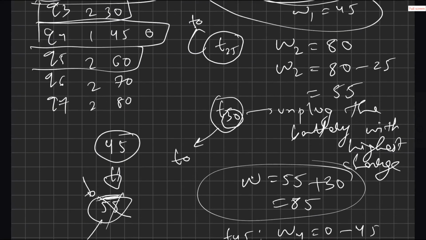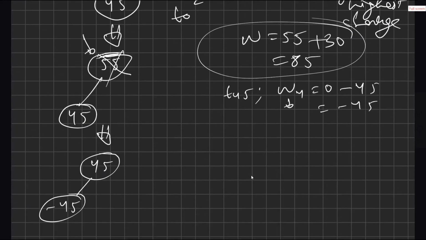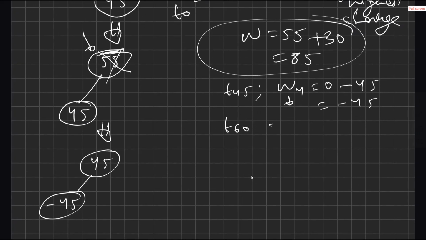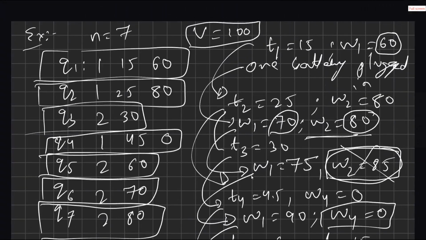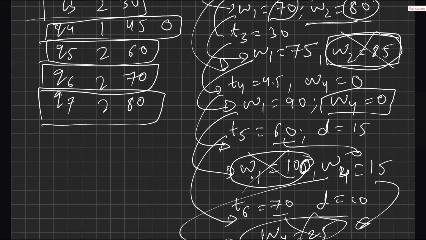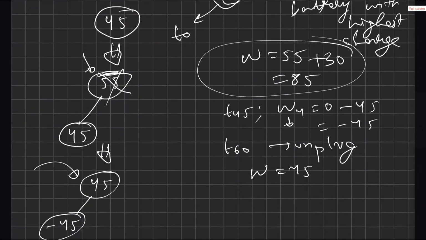Now you will move to query 5. It is saying your time is 60 now, and you have to unplug the highest charge battery. So I'll move to the heap and see what the top element is, let us say 45. So I'll take the voltage as 45. But as you have seen, when the query was 5, your answer was 100. It was not 45.